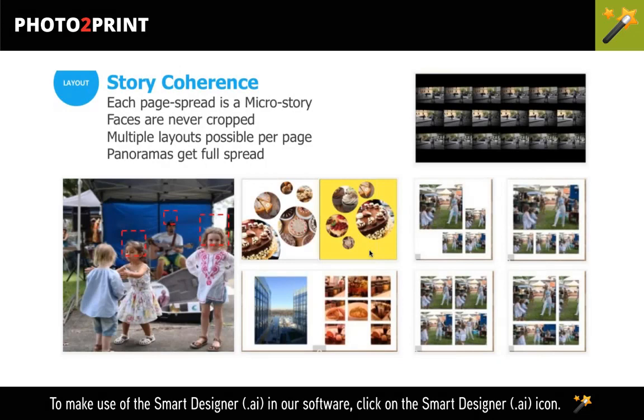Then, together with the micro stories and the face recognition, it will create our page layouts. We can see on the left-hand side, we've got the crop areas around faces, so we'll make sure that we don't crop anyone's face out of a picture. Then we can see a nice example of a collage of food and cakes here. On the top right-hand corner, there's actually a burst collage.